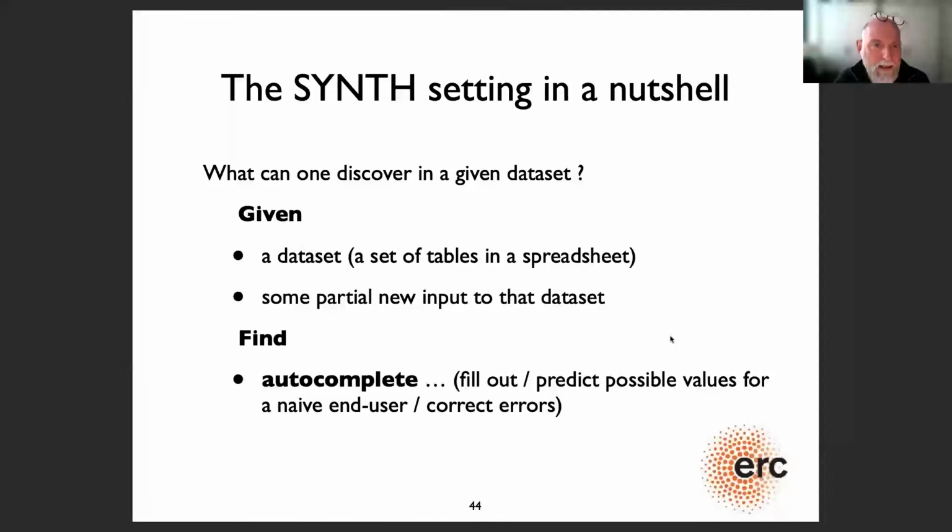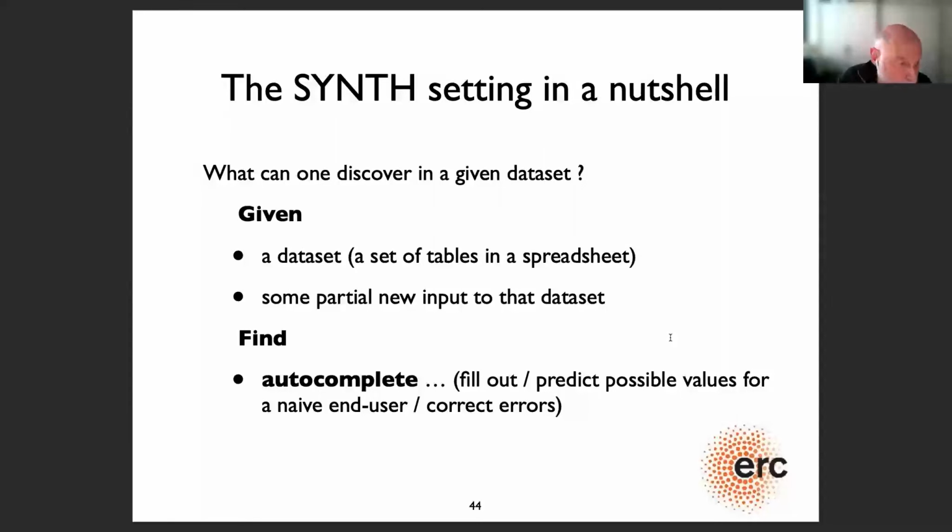So what is SINT actually doing? We're given a data set, and that's a set of tables in a spreadsheet, because there's a lot of data around that takes this form. And then we also assume that there is some partial new input to that data, and maybe that the end user wants to autocomplete that data. He wants to fill out the missing data, maybe make some predictions of possible values.